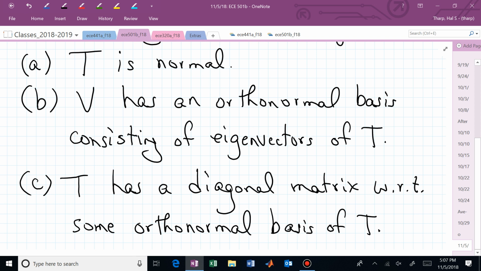Okay, they all imply each other, right? But now, can we say anything about B and C based on our comprehensive knowledge of this material?